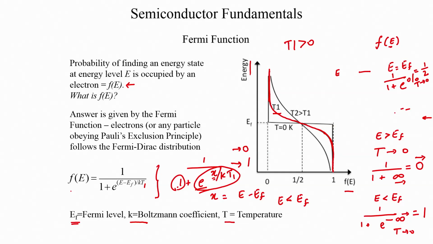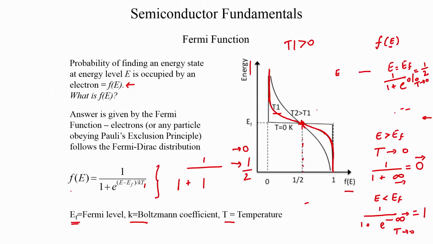But at E equal to Ef, your x is equal to 0, which means that the exponential term is equal to 1, and therefore at E equal to Ef the value of the function is 1 by 2. So, irrespective of the temperature, when E is equal to Ef, the function takes a value of half.